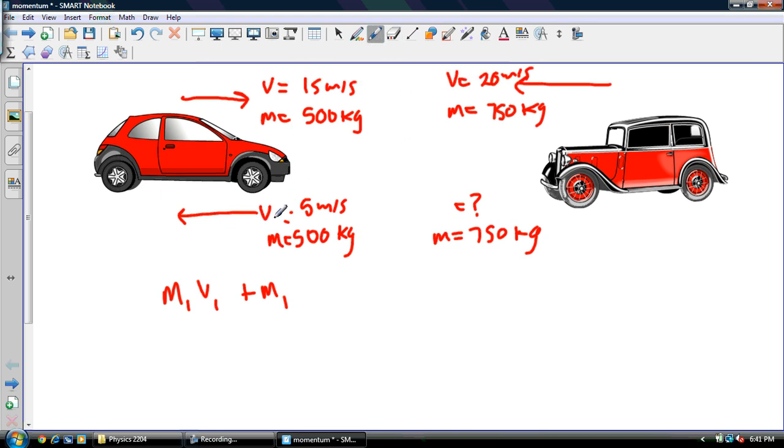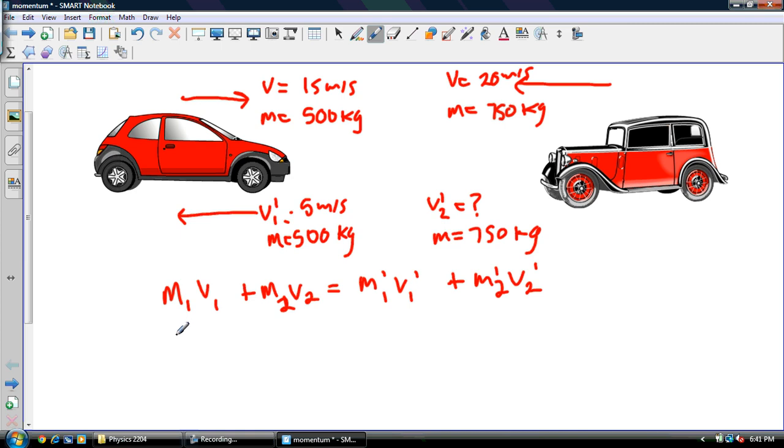I'll call this velocity V1 after and velocity V2 after. So this represents after: m1 v1 after plus m2 v2 after. So now I sub in these numbers. Hopefully this works out. I just made these numbers up, so it may not.